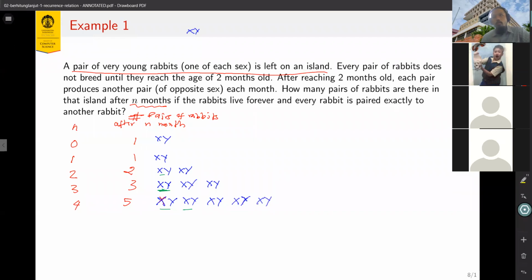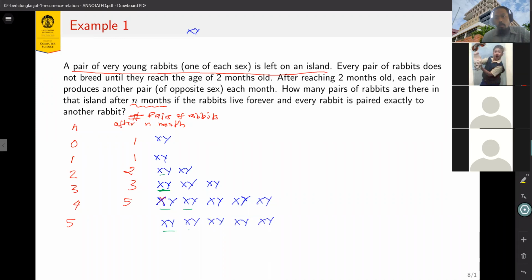What about the end of the 5th month? Well, let's write down the pairs: this one, this one, this one, this one, and this one. Which of them are at least 2 months old?